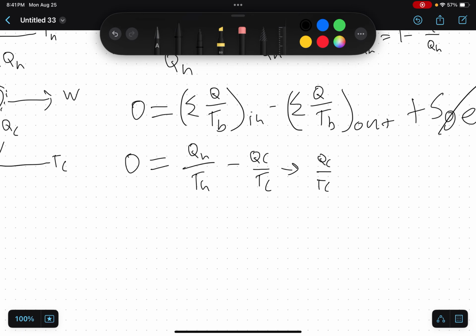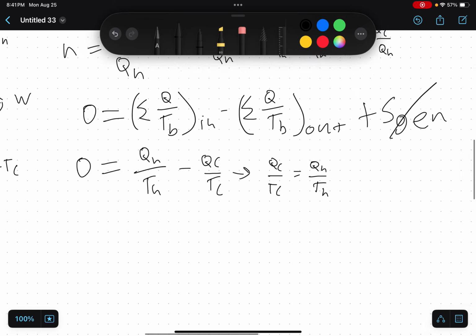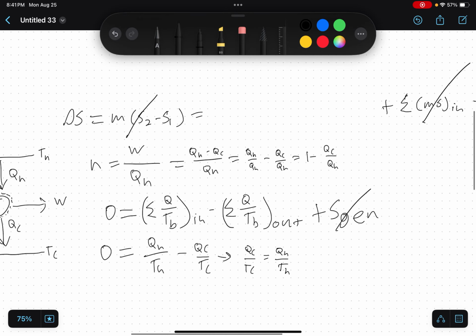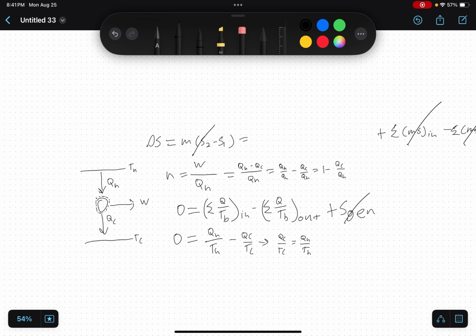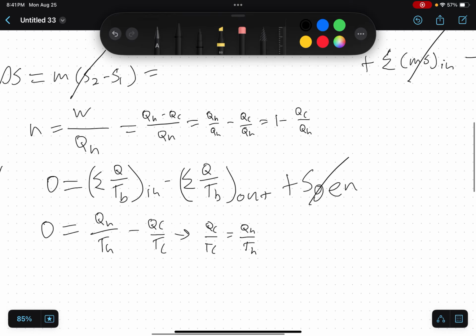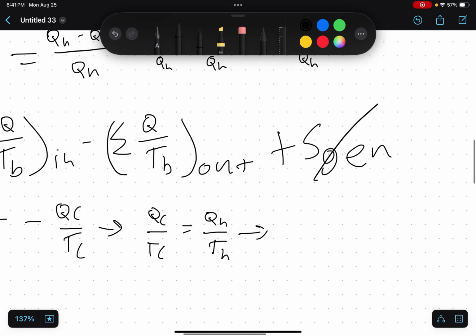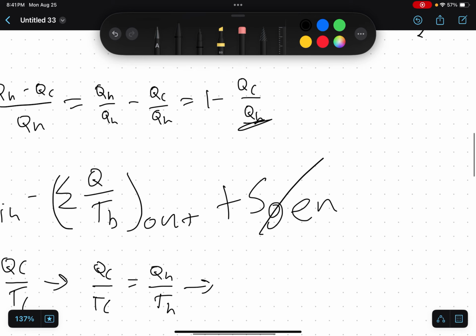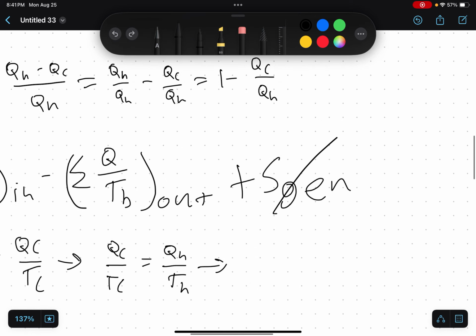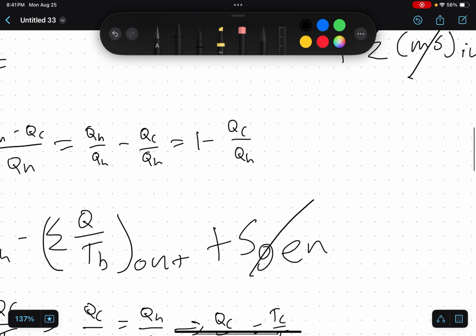QC over TC, QH over TH. Cool. Okay. Well, that is pretty much it, because we can rewrite this again as, to match what's up here, QC over QH equals TC over TH. So then we can rewrite what we have up here as 1 minus TC over TH. That's the Carnot efficiency equation.